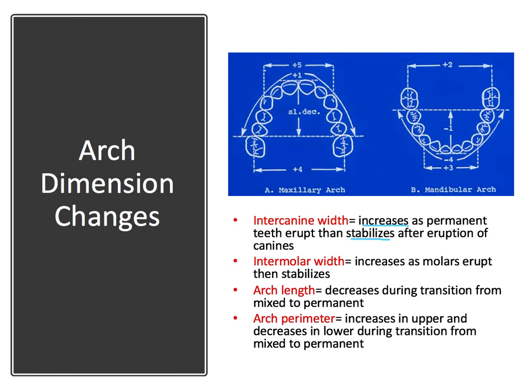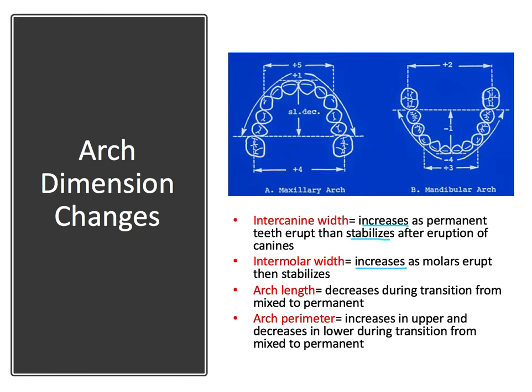So there are a couple different ways you can show intermolar width. But what's important is that this value will increase as the molars erupt, and then it will eventually stabilize, sort of similar to what's happening with the intercanine width.